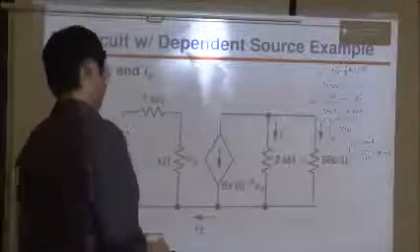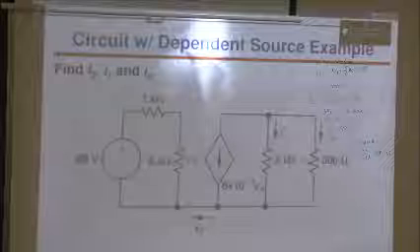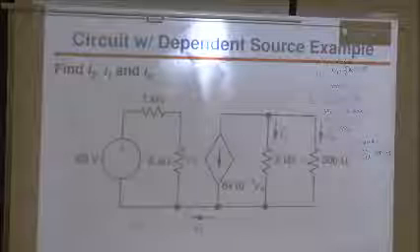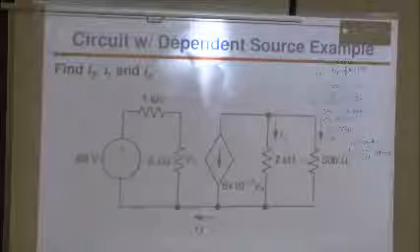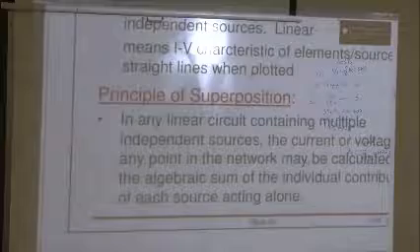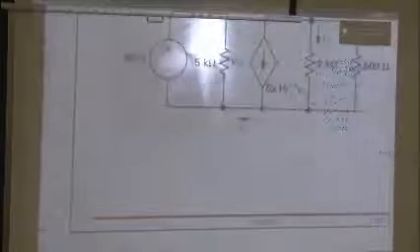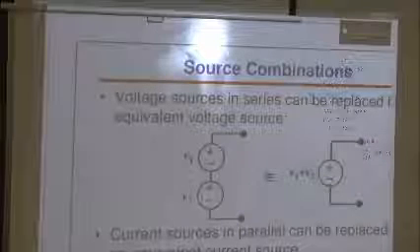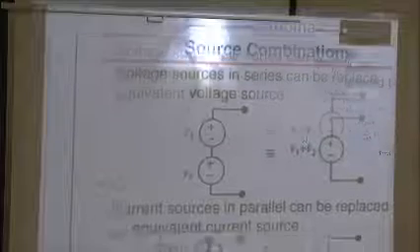So that's what we have so far for circuits with dependent sources. Now let's move on to the principle of superposition. If you have two voltage sources in series, they can be combined like V1 plus V2.